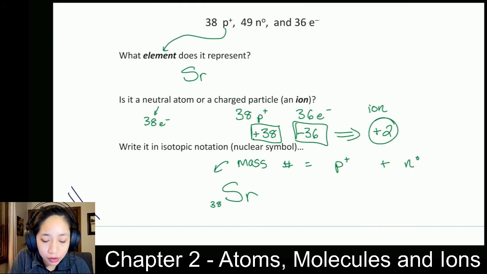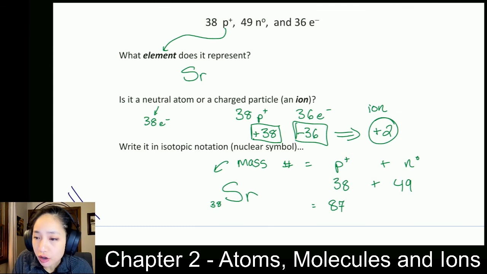Those numbers are given: 38 protons plus 49 neutrons, which adds up to 87. That is its mass number, and it goes at the upper left-hand corner, with the atomic number below it.